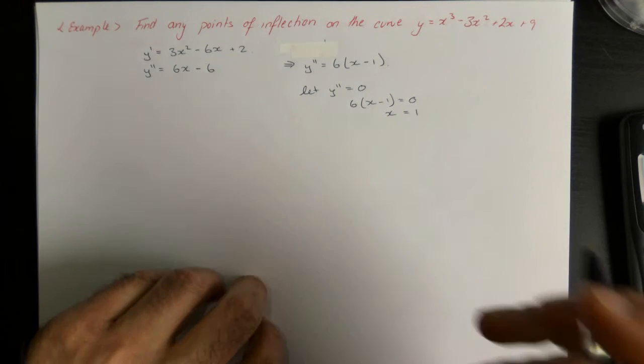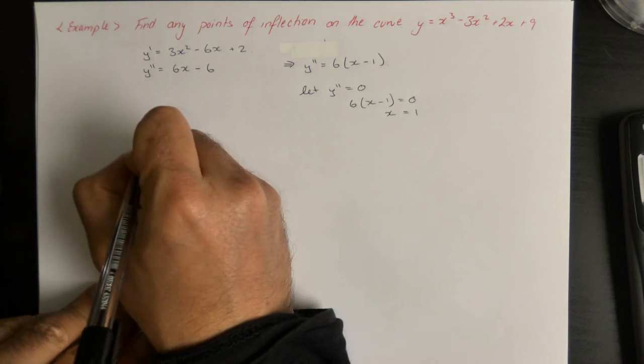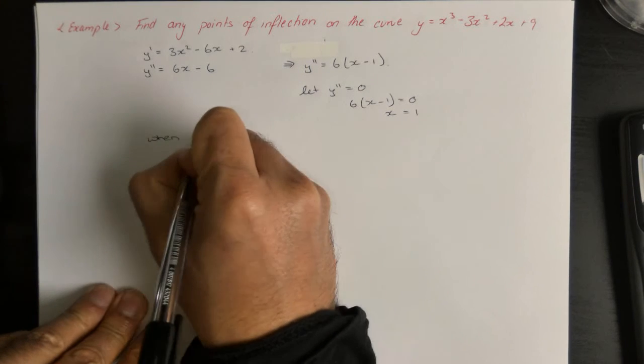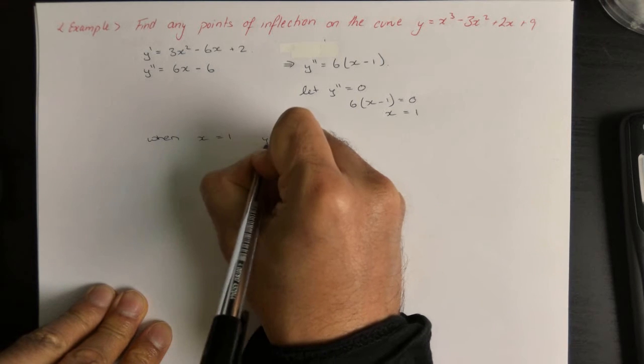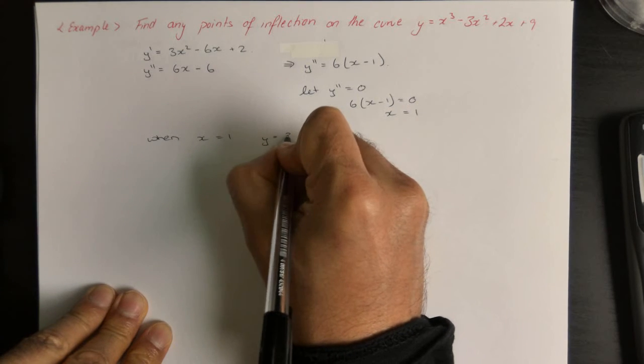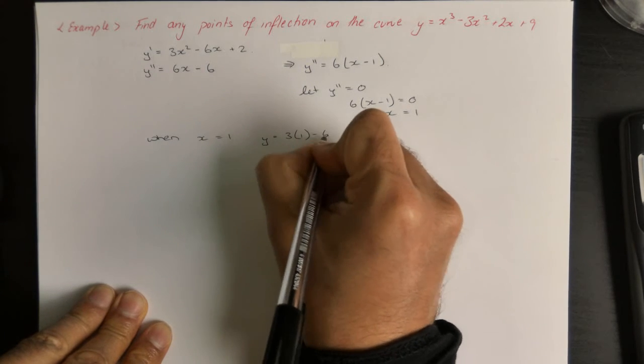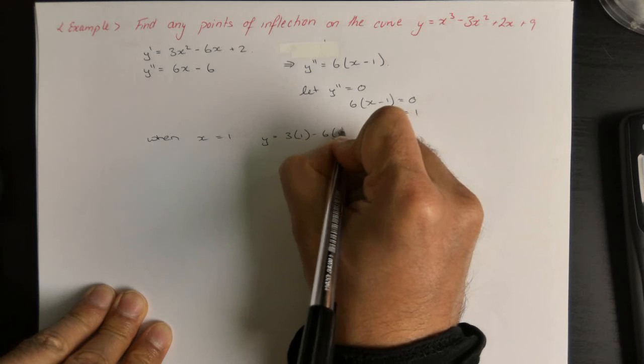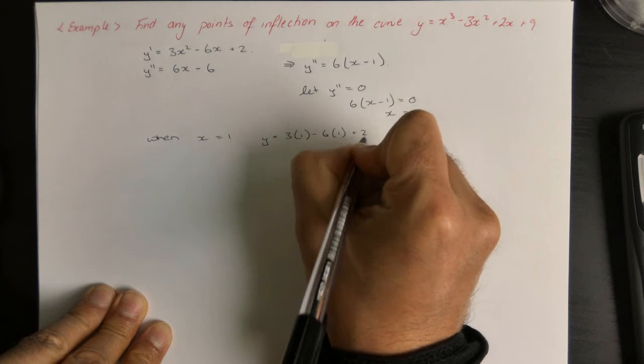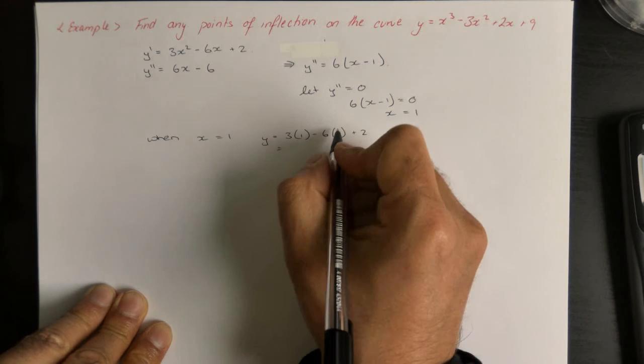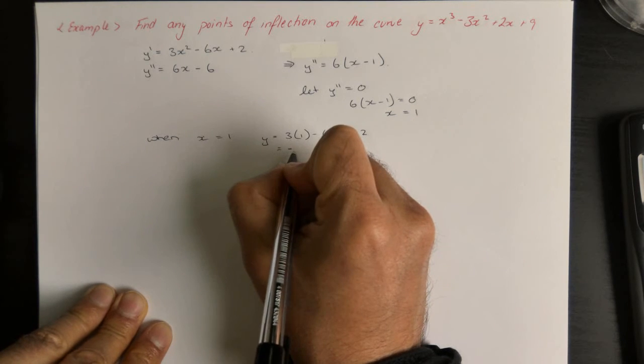Well, it might be. So when x equals 1, y equals 3 lots of 1 minus 6.